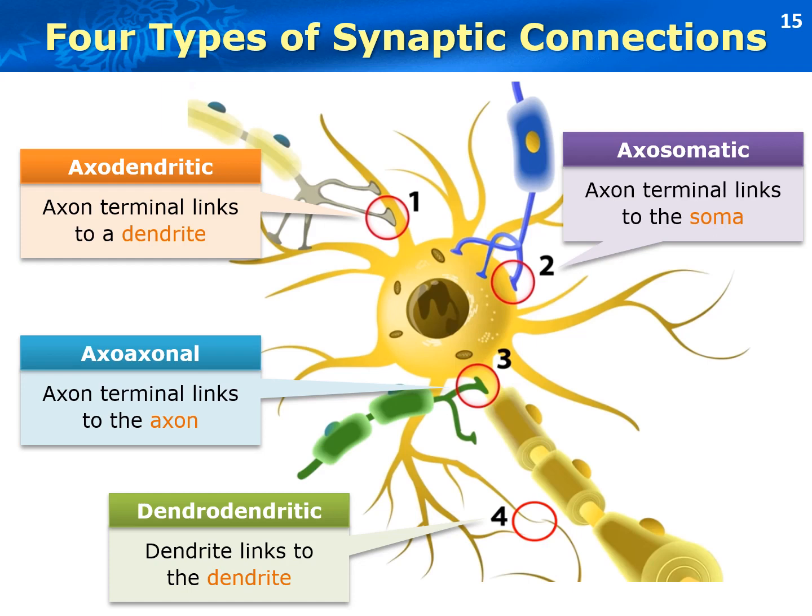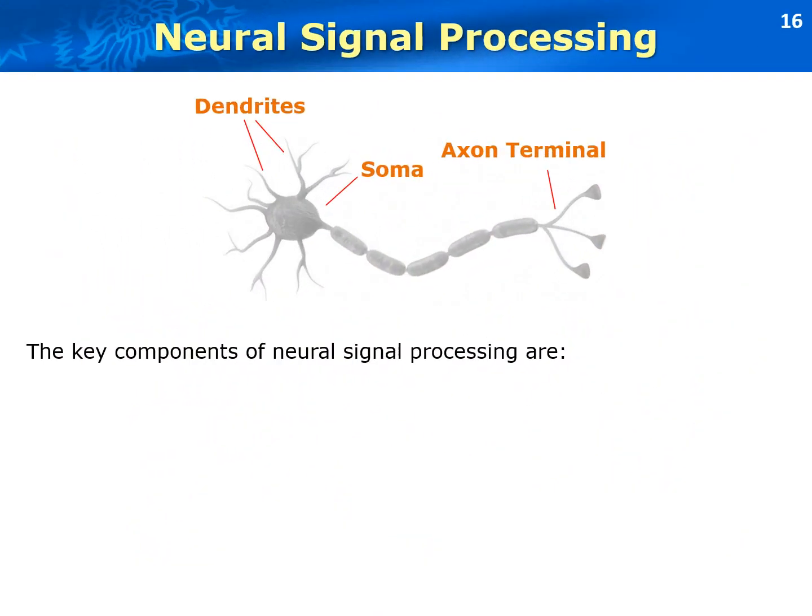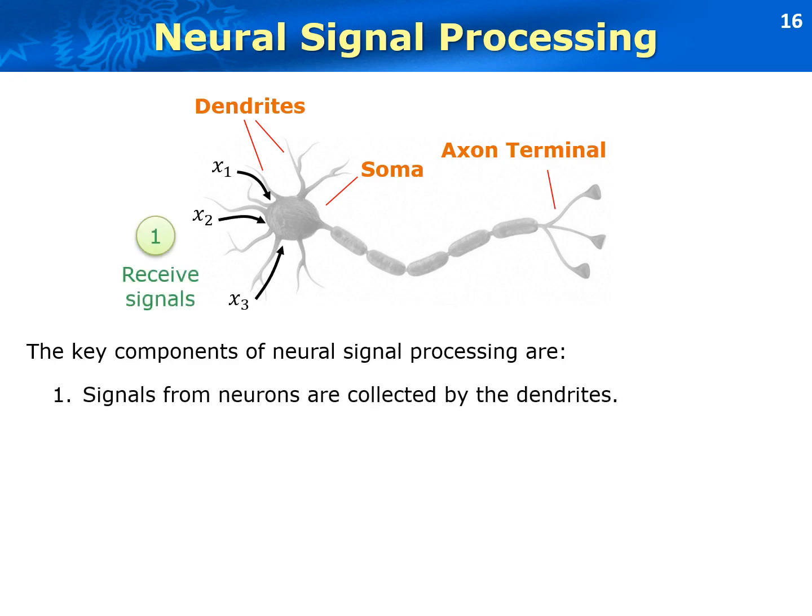Now we have learned the basic structure of a neuron and how electric signals are transmitted within a single neuron and between 2 neurons through neurotransmitters. To summarize, let's take a look at the following key components for neural signal processing. Firstly, signals from neurons are collected by the dendrites.